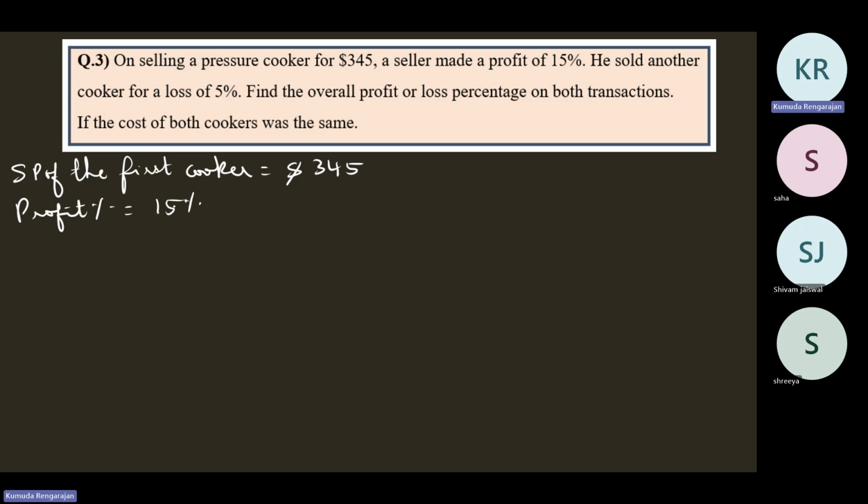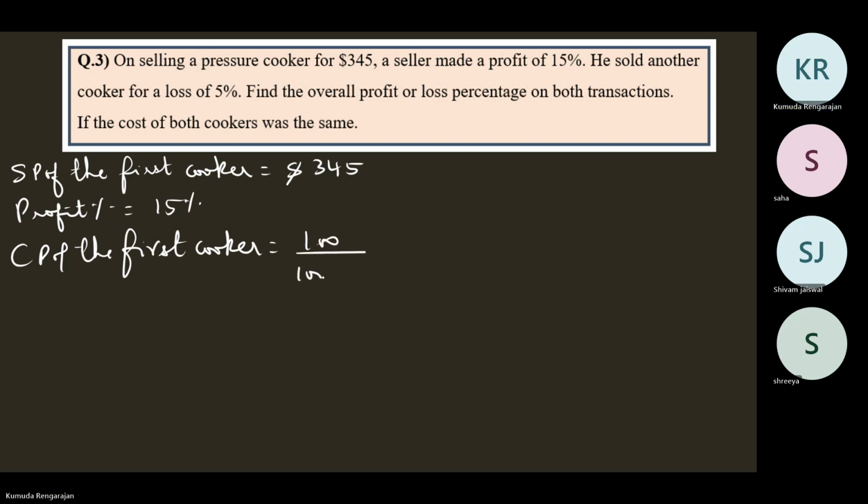So when you have the selling price and the profit percent, immediately find the cost price. Find the cost price immediately. Formula: 100 by 100 plus profit percent into SP.